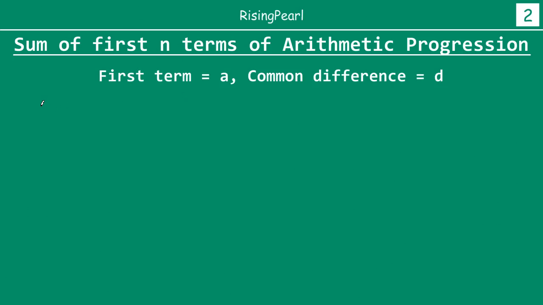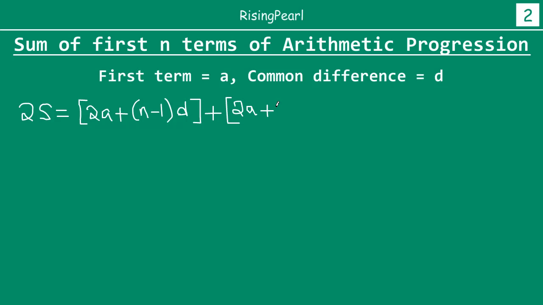So what we have at this point is 2 times s is equal to, the first term is 2a plus n minus 1 times d. The second term we have is 2a plus nd minus d, plus dot dot dot, the second from the last term is 2a plus nd minus d.